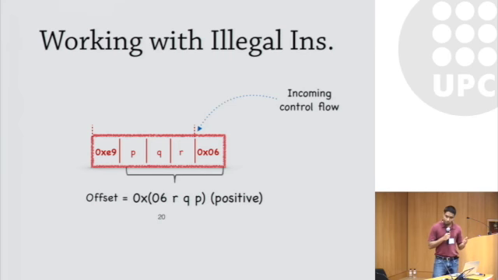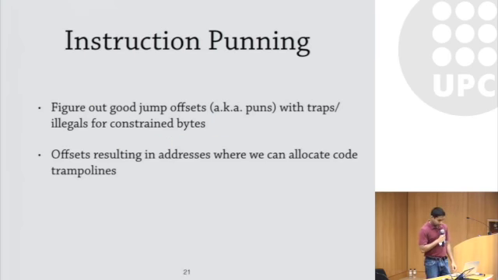So this is great news. Now we can use these illegal instructions instead of a trap if we come across this particular scenario. So this is the basic idea of instruction punning, where we use illegal instructions and traps to figure out good trampoline offsets depending on the instruction layout at the probe site.